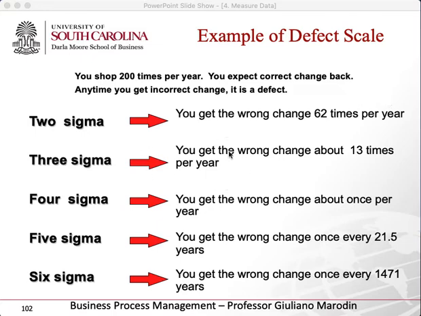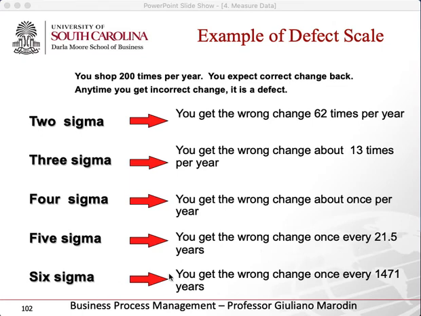If you have a 3 sigma level process, you're doing a wrong change about 13 times per year. If you're at 4 sigma, you're doing it wrong once a year. Now that's a good process. If you're at a 5 sigma level, you're doing one thing wrong every 25 years.